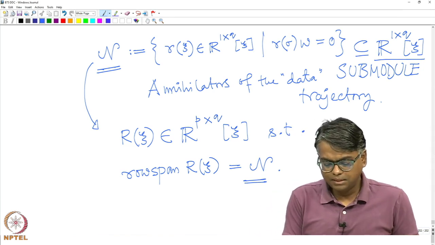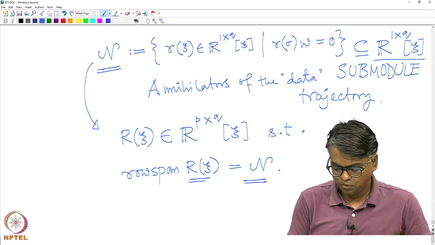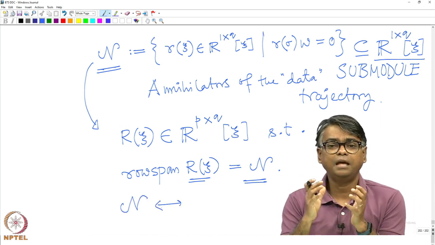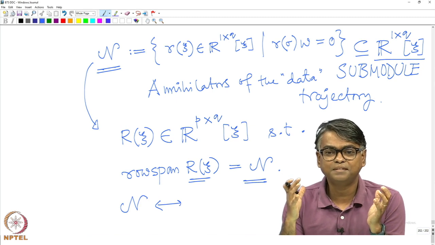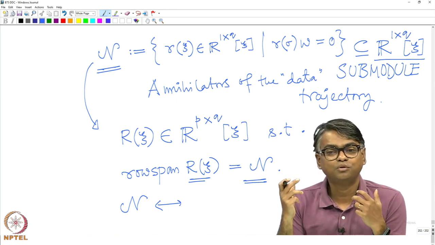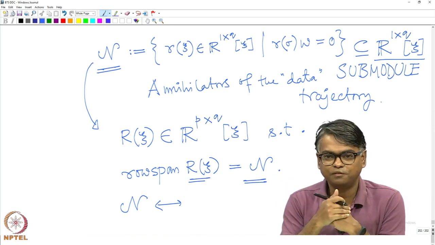And this R(xi) is what we are after, because this is the behavior corresponding to, remember that behavior module duality that we had established in our earlier lectures, that each behavior can be associated uniquely with a module provided you have nice properties of the function space.